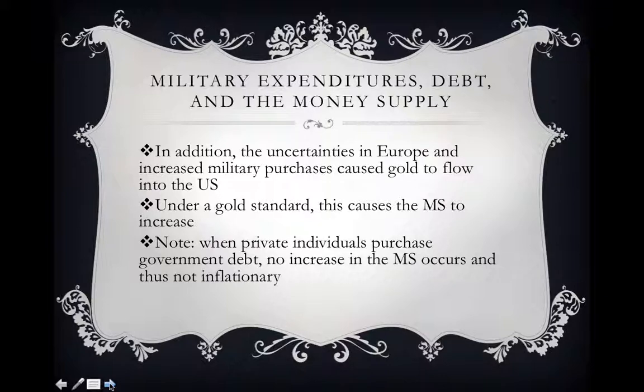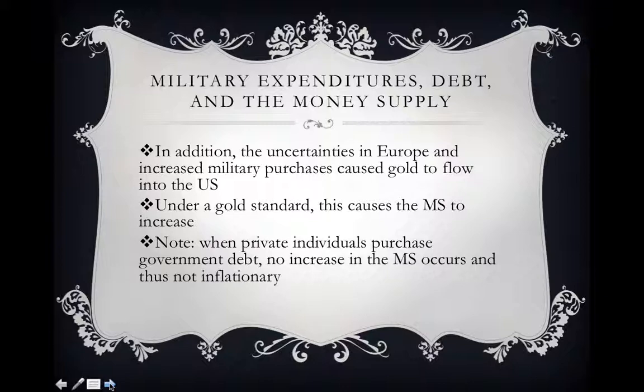All right. So also we talk about the inflationary nature of debt. If, for example, private entities purchased all of the governmental debt, there would be no increase in the money supply. The money supply would be increased, for example, if the Fed or the Treasury Department purchased those bonds, if the Federal Reserve Banking System bought those bonds, because that would cause an increase in the money supply.